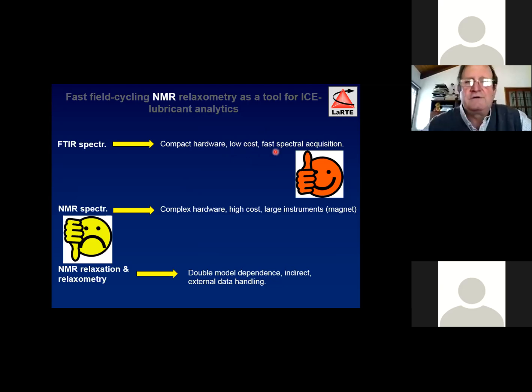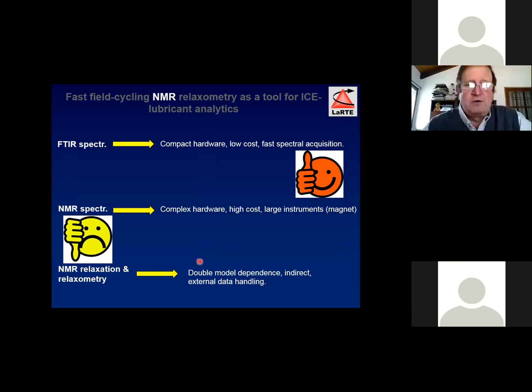And at the beginning, they had the possibility to get the spectrum very fast. In contrast, NMR has complex hardware, high-cost instrumentation, large instruments. You need a big room to put the magnet, and so on. So this eventually was also a reason against the adoption of the technique.